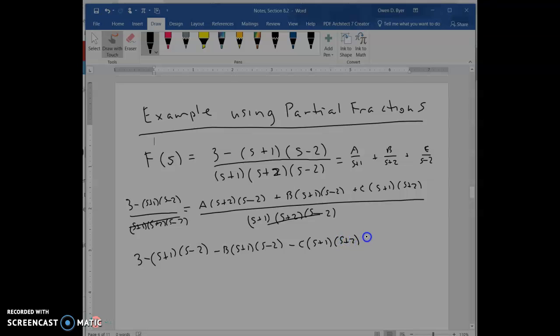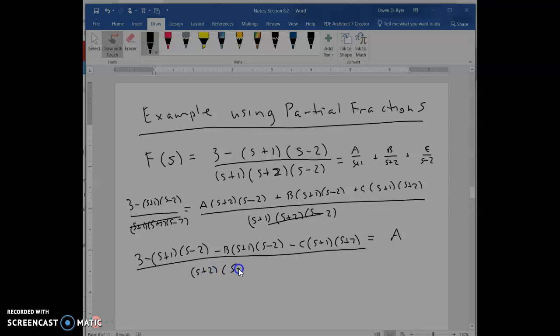And all that has to equal a times (s+2)(s-2). But if we're solving for a, we will now divide by (s+2)(s-2). And now think for a second about how you're going to most easily solve for a.